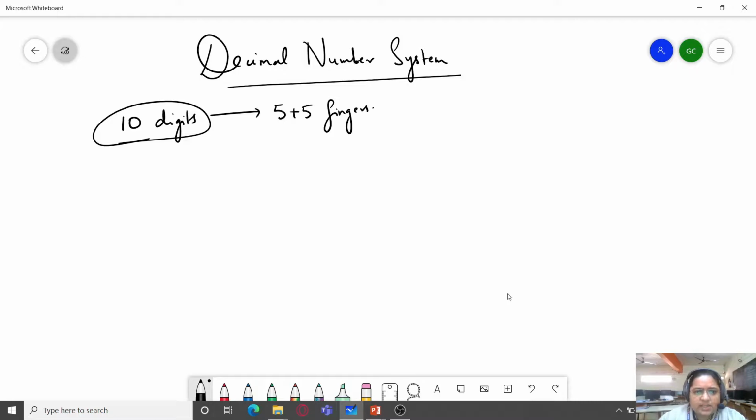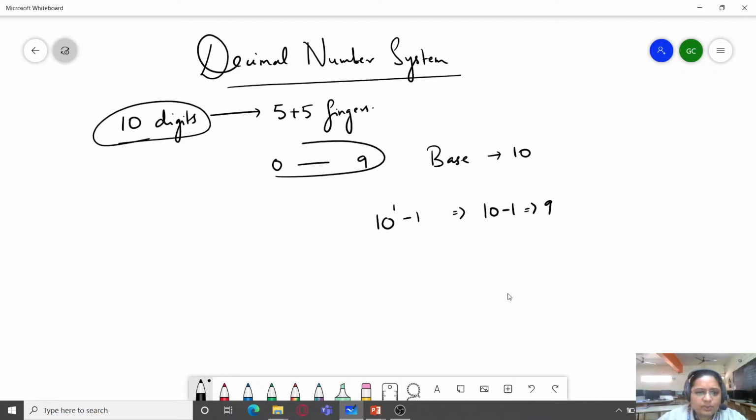So the decimal number system consists of 10 digits, usually 0 to 9. So the base of the decimal number system is 10, and if you write 10 raised to the power 1 minus 1, that gives us 10 minus 1, that is 9.